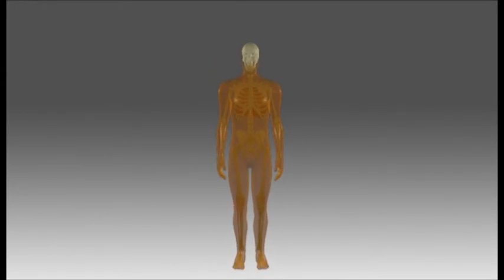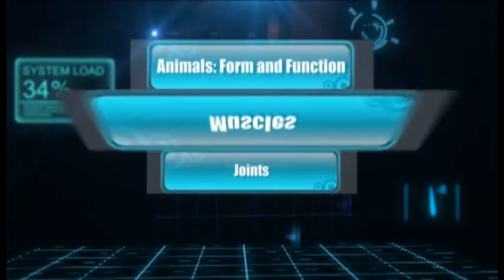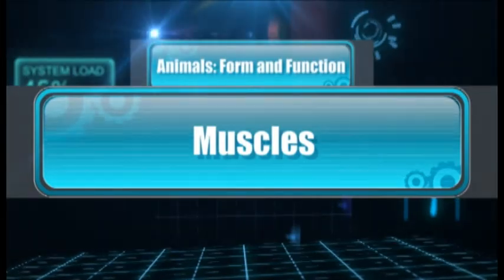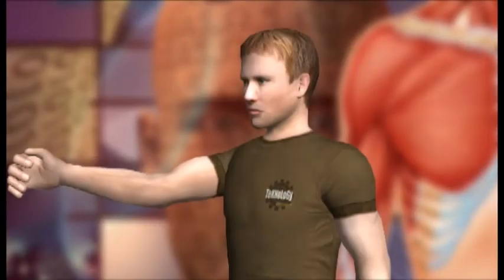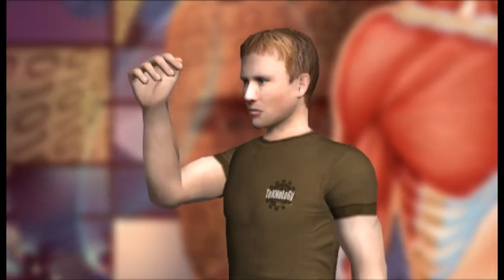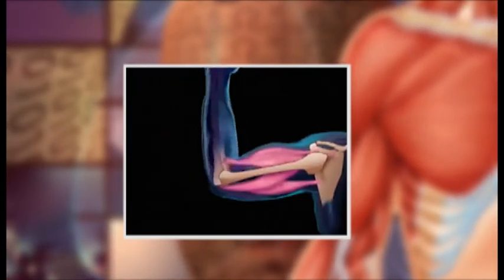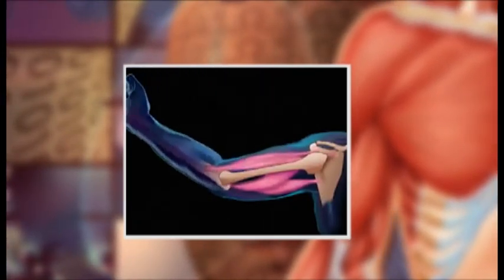Now let's see how these joints function to help in our movement. Look at this moving arm. The movement takes place due to contraction and expansion of muscles. Muscles work in pairs as they can only pull and not push the bones.